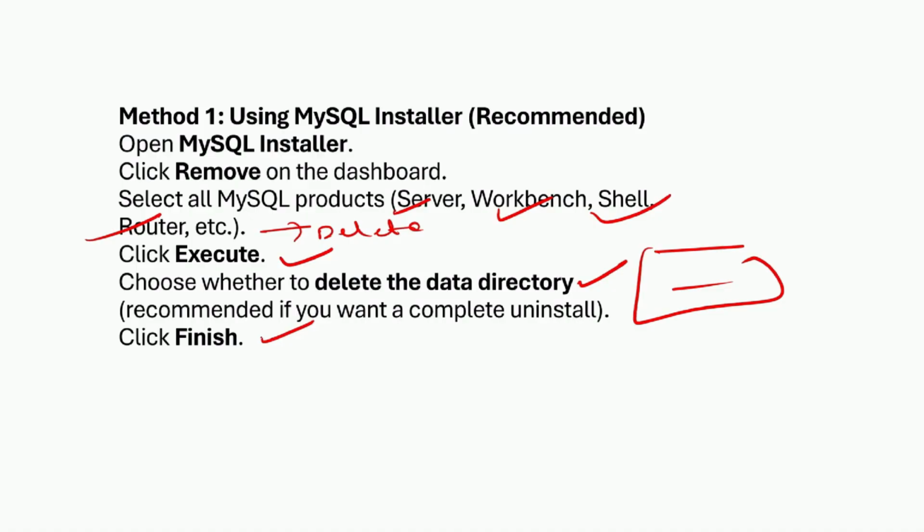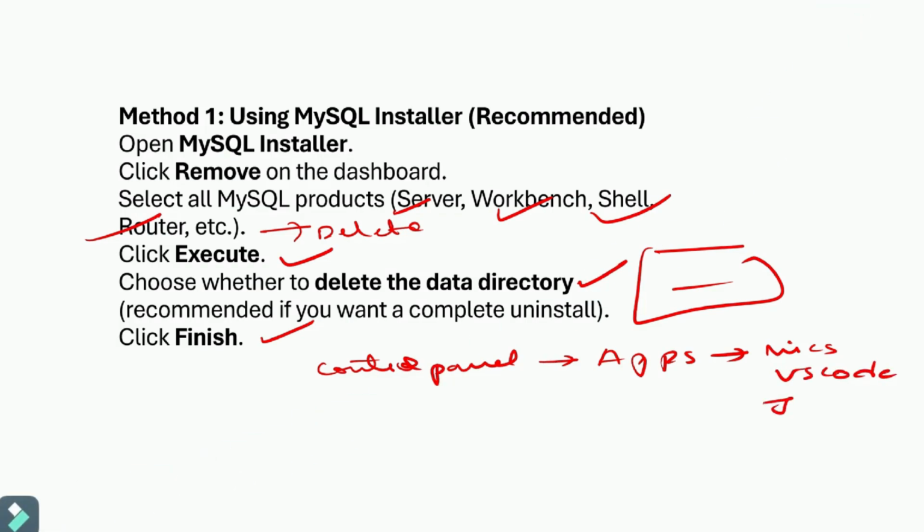After this deleting, you also need to go to the Control Panel and then go to the apps. In that list there will be lots of software, like Microsoft installer, VS Code, Java JDK, and Python. All the software present in your system will be visible.